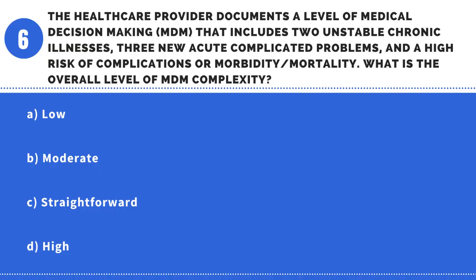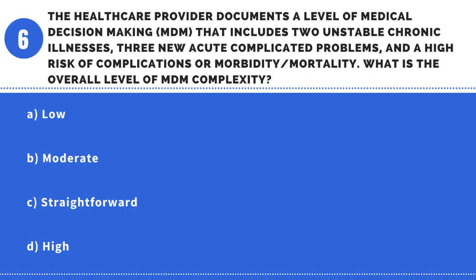Question 6. The healthcare provider documents a level of medical decision-making, MDM, that includes 2 unstable chronic illnesses, 3 new acute complicated problems, and a high risk of complications or morbidity/mortality. What is the overall level of MDM complexity? A. Low. B. Moderate.